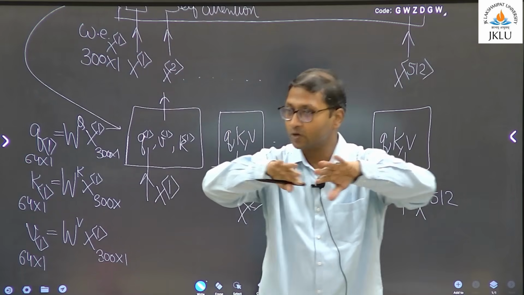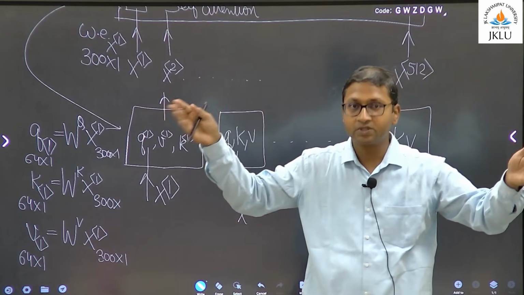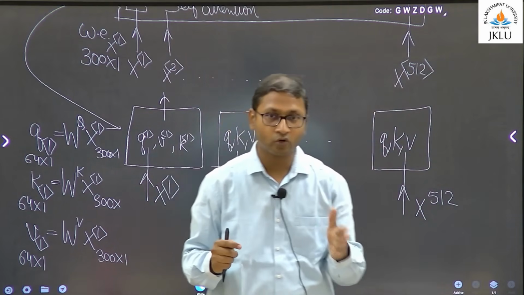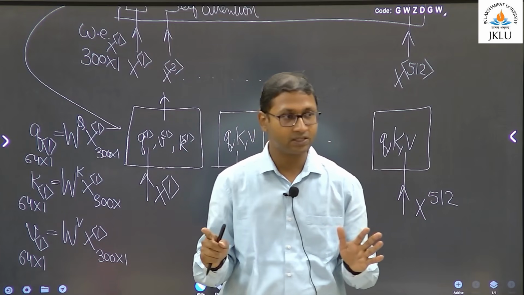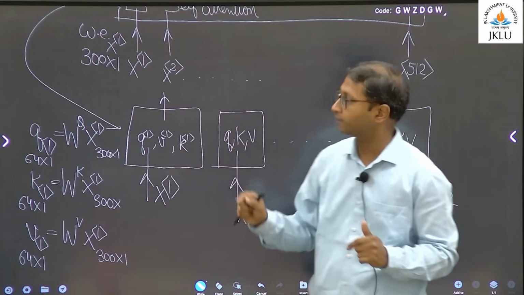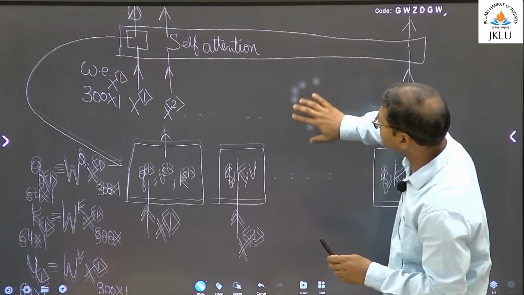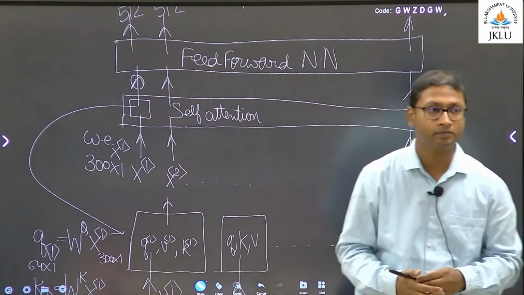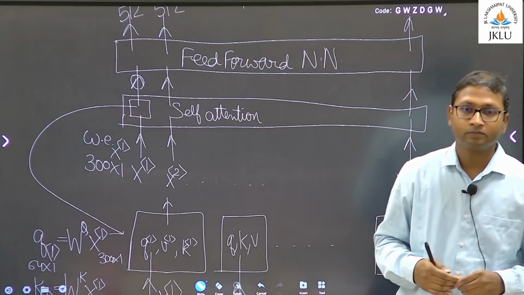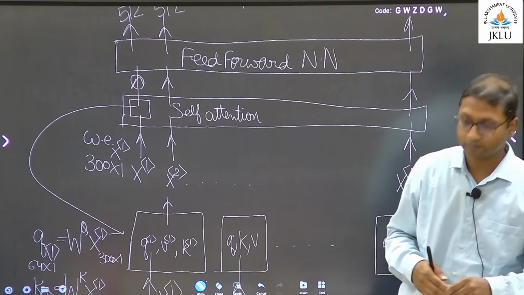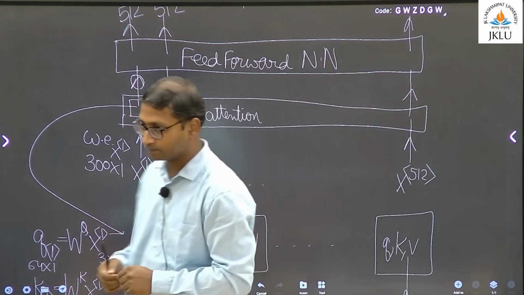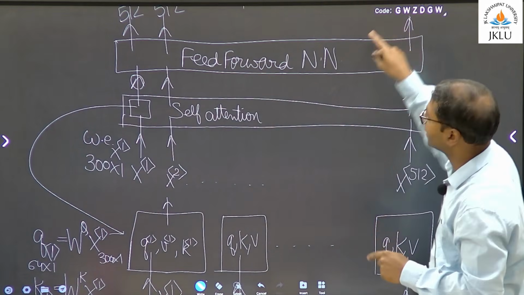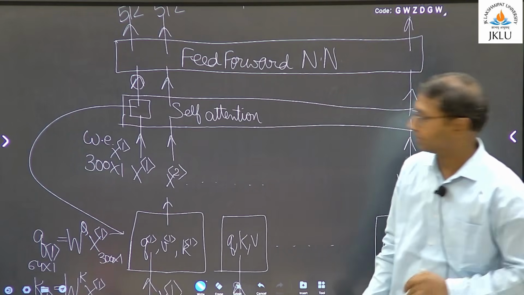How many times you do this operation? 512 times. Resultant is a 64 cross 1 vector. Make sense? So this is 64 cross 1. Now, is this 64 cross 1? All the outputs here, be it this one, be it this one, they are 512 dimensional.